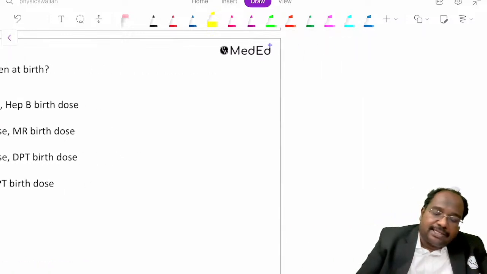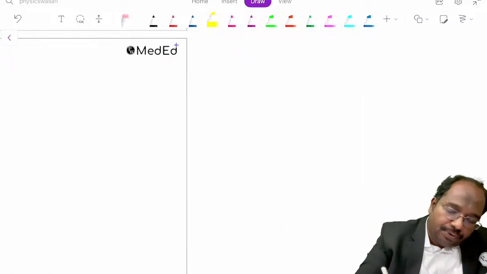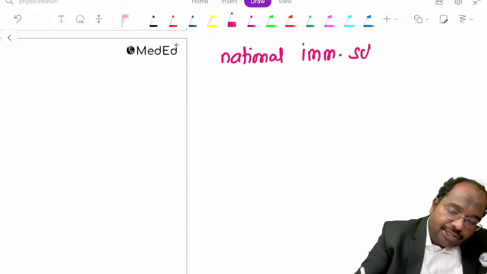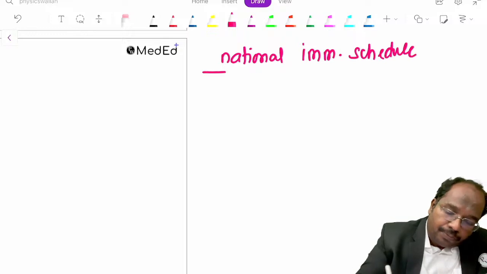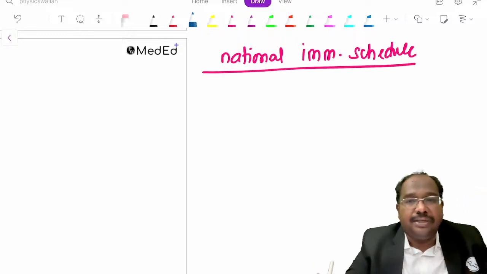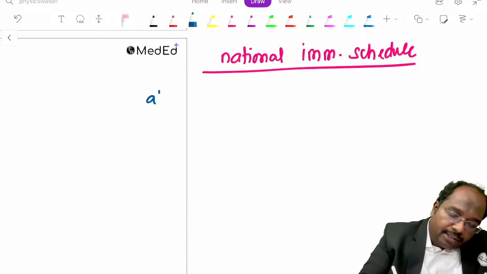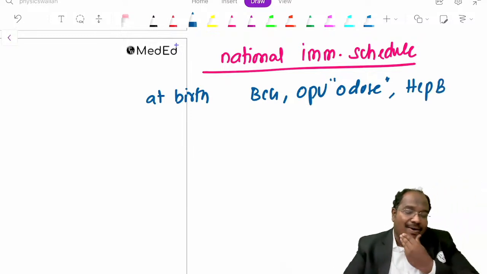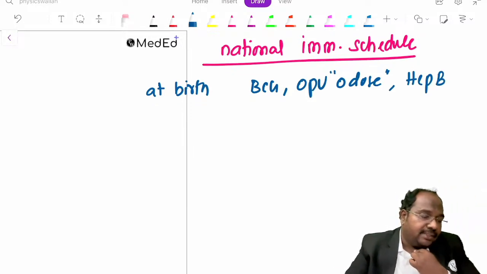So we will discuss the National Immunization Schedule. At birth, we give BCG, OPV 0 dose, and hepatitis B. A walk-in cold room won't be there in a CHC, guys.